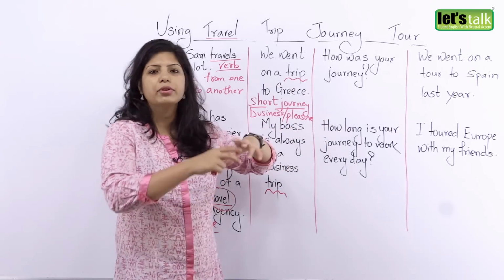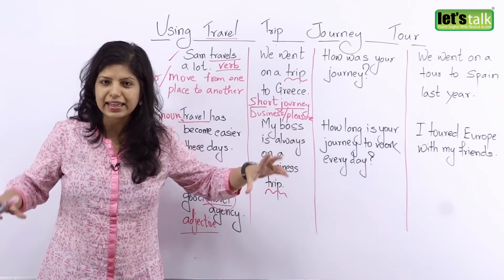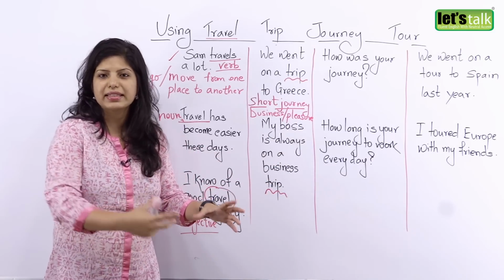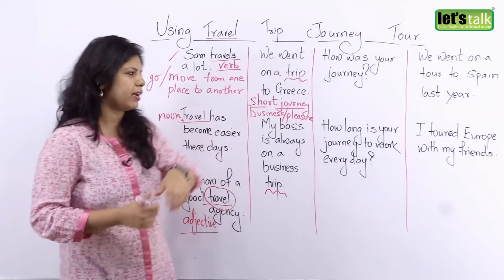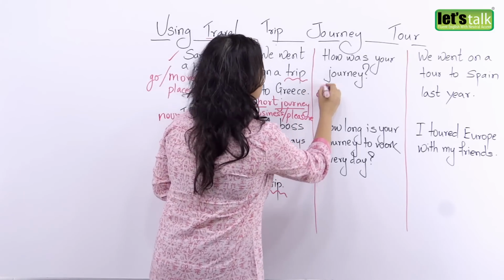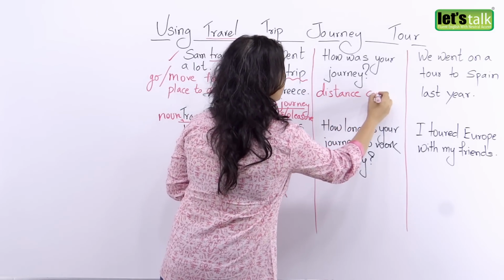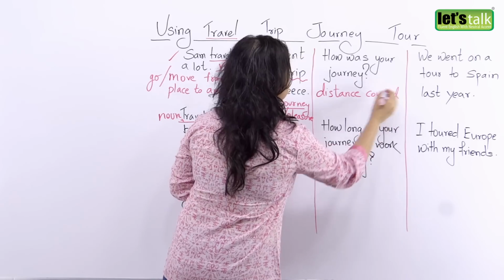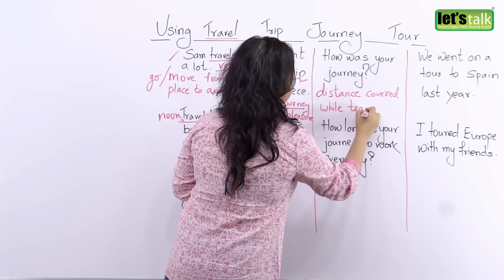So obviously I have to cover a physical distance. That physical distance that I cover, all the time that it takes, all of that is termed as your journey. All right. So just to note it down, it's the distance covered while traveling.